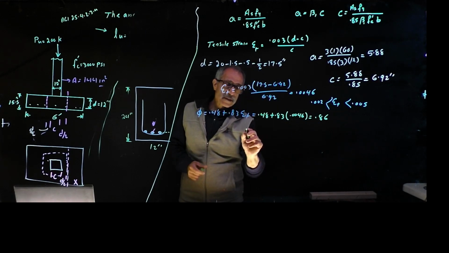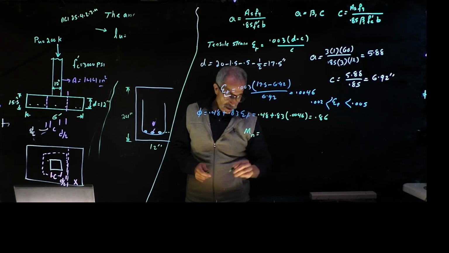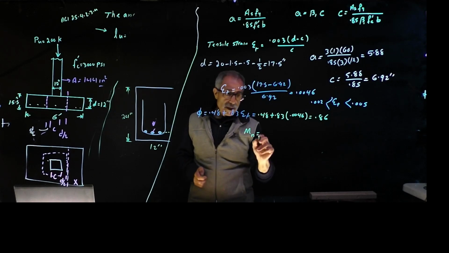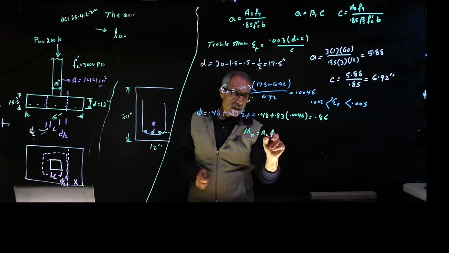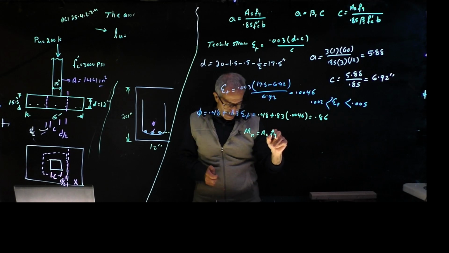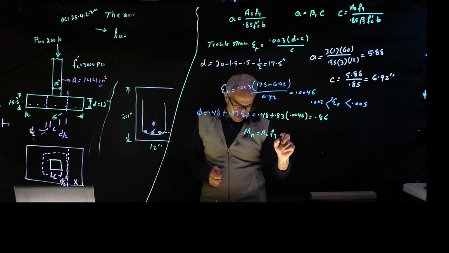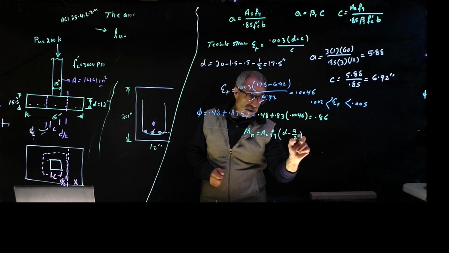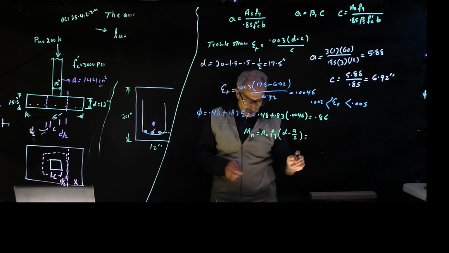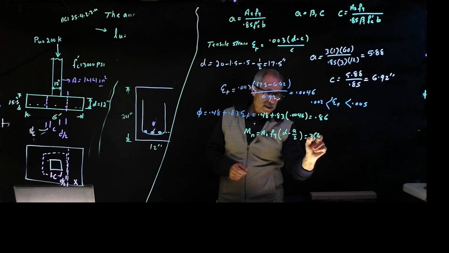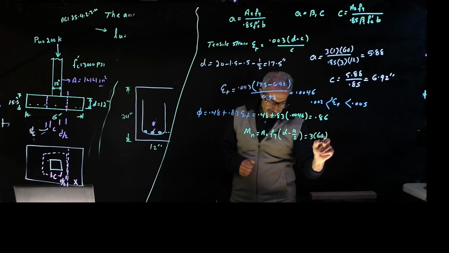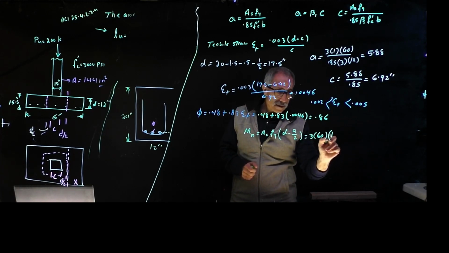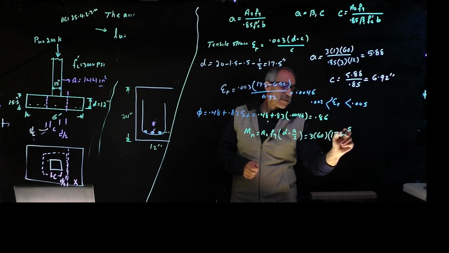And your Mn is given by this equation, same handbook, As times Fy times D minus A divided by 2, which is equal to 3 times 60 times 17.5 minus 5.88 divided by 2.